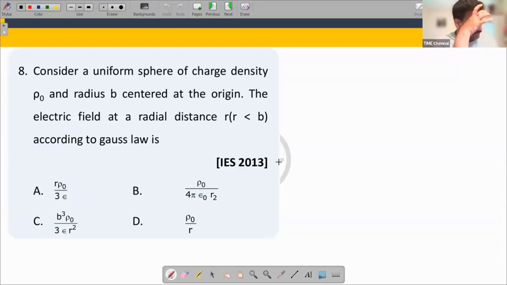The next question is the two sphere model. Try and solve this.